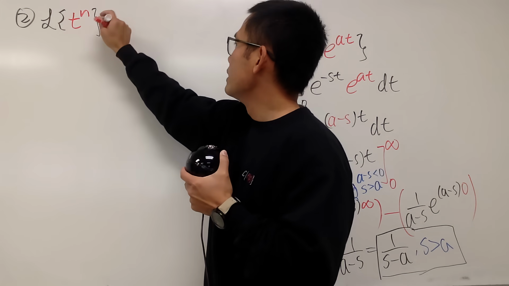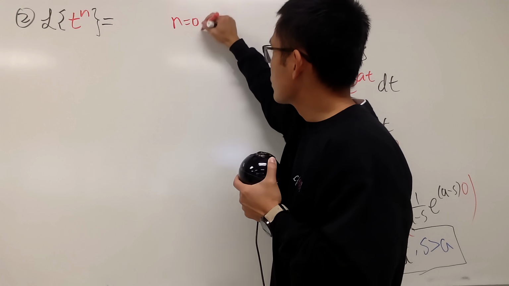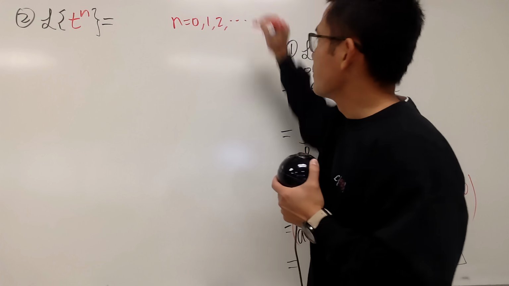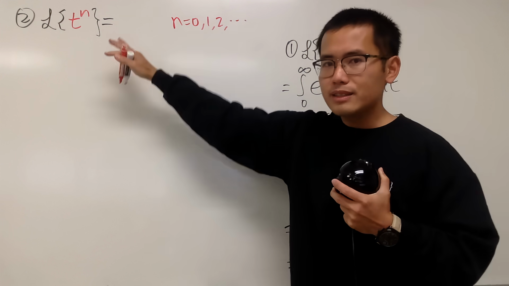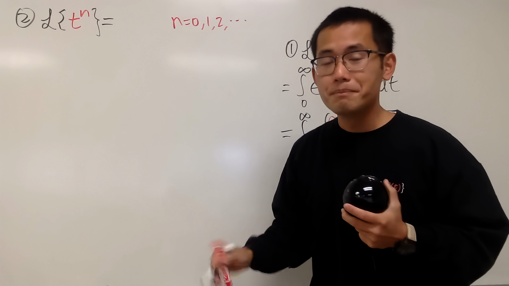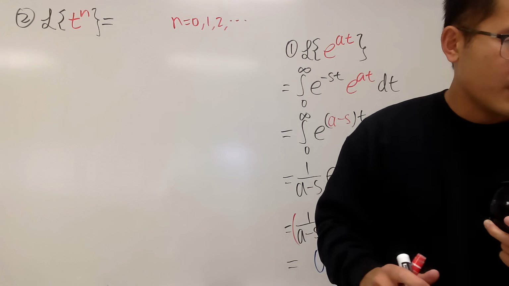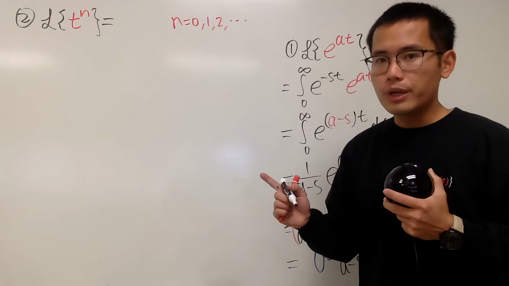So I want to know what this is, with n being 0, 1, 2, and so on. And in fact, later on, we can extend this to real numbers such as n equal to 1/2. But that will be for question number 23. So not now.